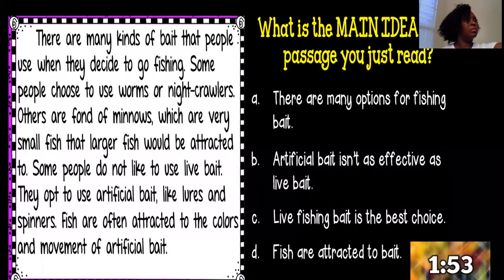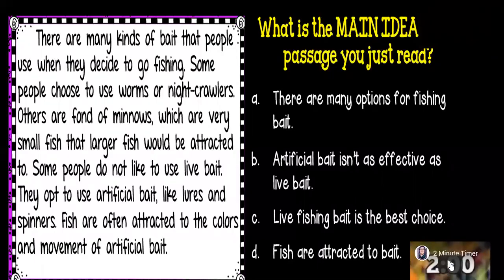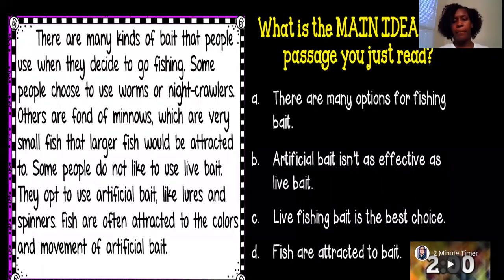One minute, 37 seconds. Timer stop, but you have a little while longer.